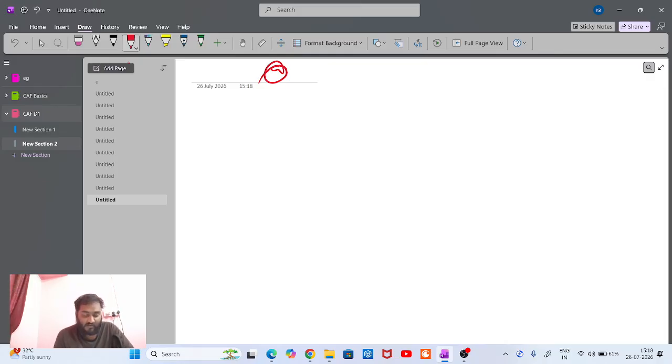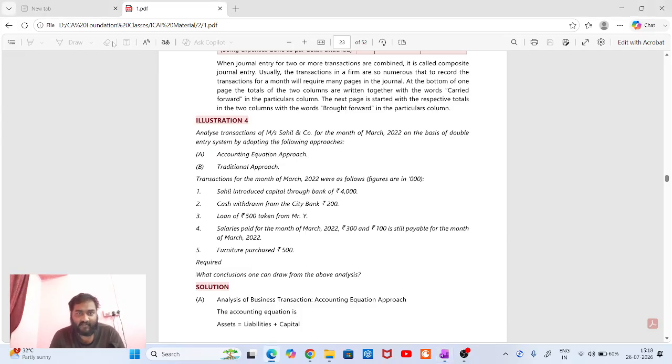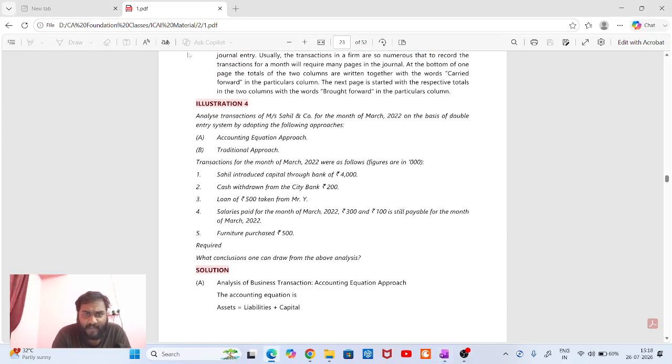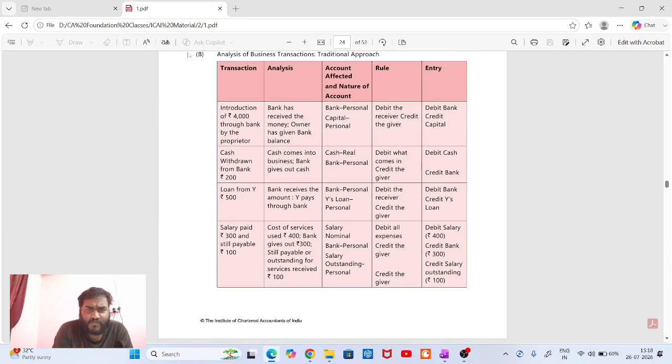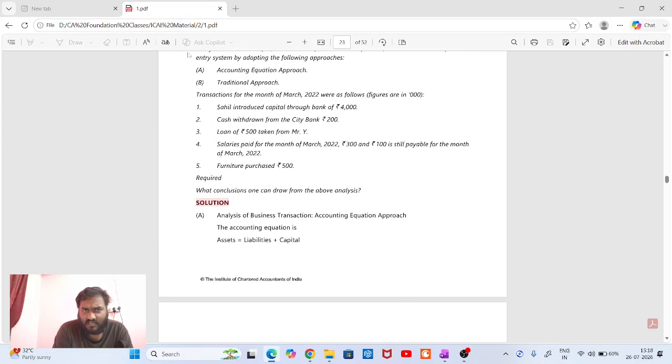Now we come to traditional approach. I think we can do it in the book itself. Traditional approach can be done in the book itself. So what is the transaction?